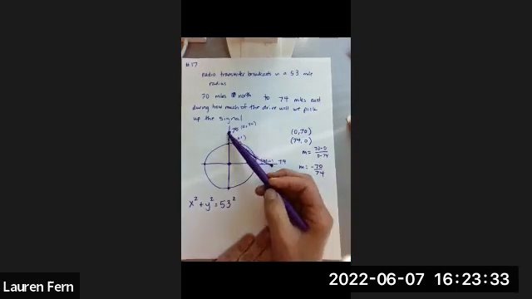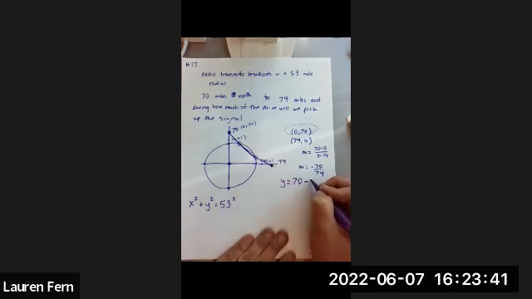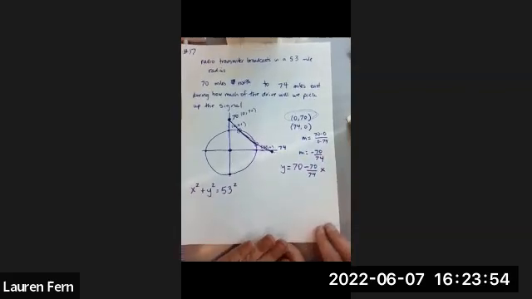And we know our y-intercept, it's given to us. So I claim this line has the equation y equals 70 minus 70 over 74 x. Notice I wrote it as b plus mx instead of mx plus b. That does not matter.